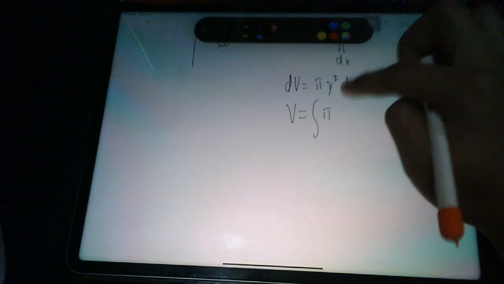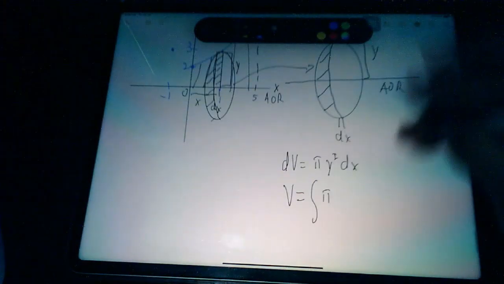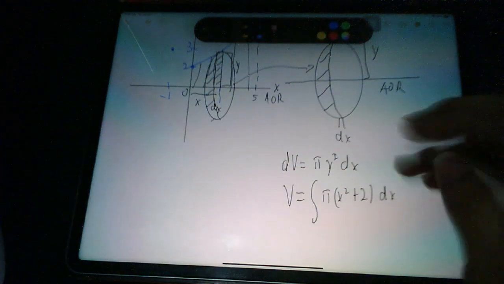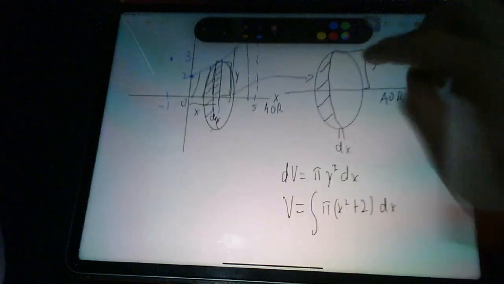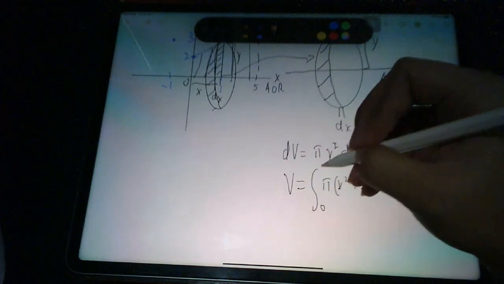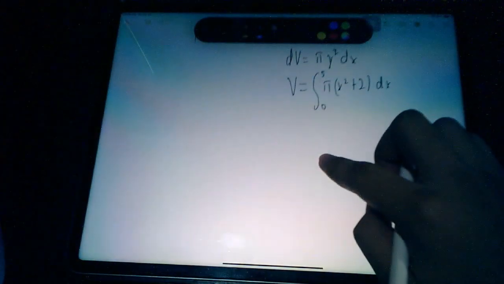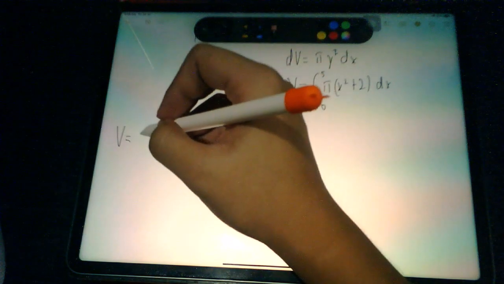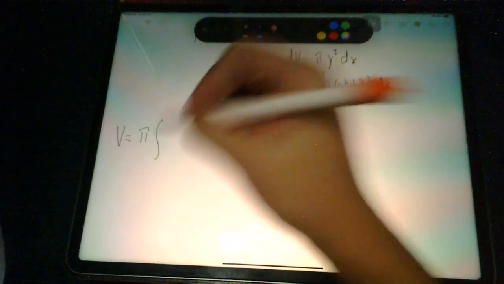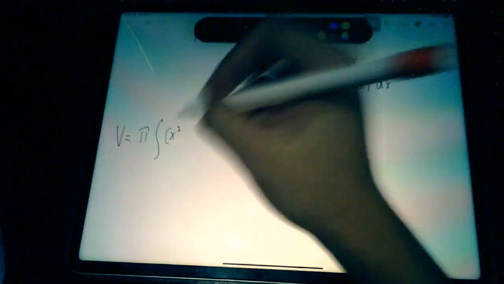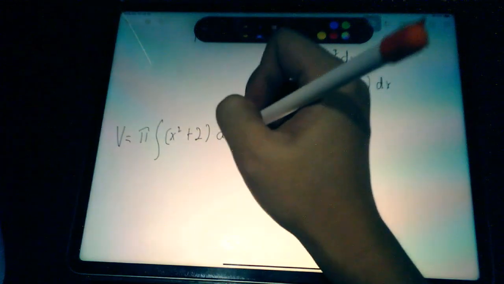Let's substitute y with the original equation, which is x squared plus 2, dx, from limits 0 to 5. Now we are ready to integrate this problem. Volume is equal to pi. Let's take pi outside. The integral of x squared plus 2 dx from limits 0 to 5.